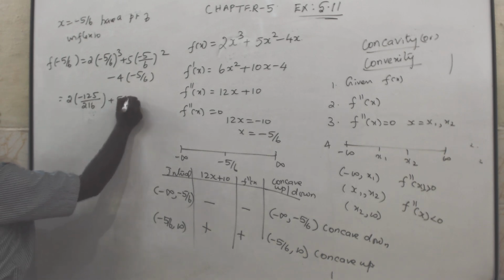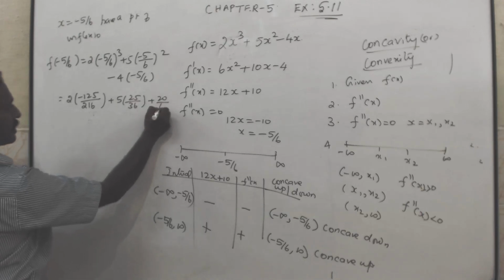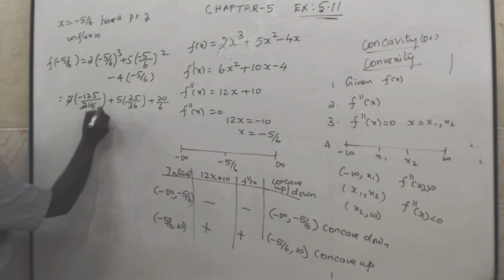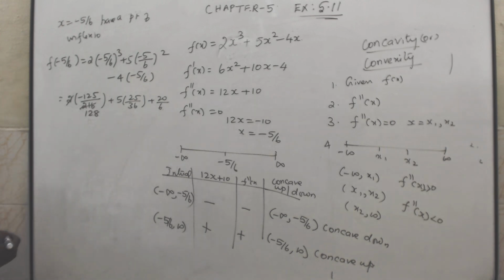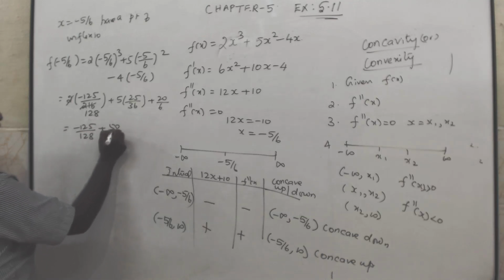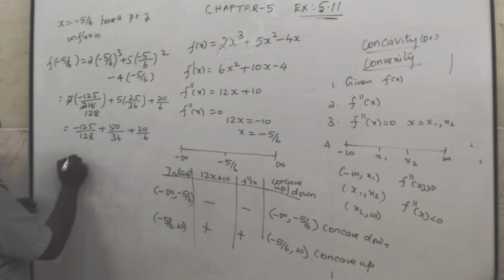Plus 5 into 25 by 36 plus 20 by 6. This can be cancelled. Minus 125 by 108 plus 125 by 36 plus 20 by 6.